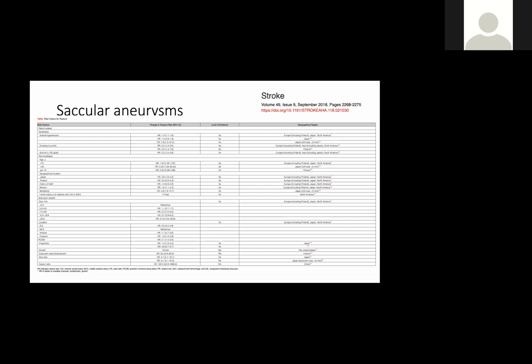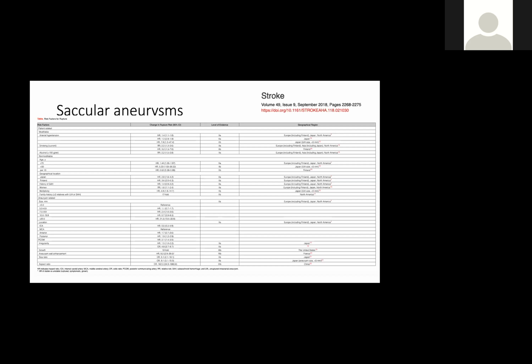So essentially, these are all the factors that are associated with rupture of one of these saccular aneurysms, your typical aneurysms that you see in subarachnoid hemorrhage. All these are hazard ratios and risk ratios, and these are from that paper that I've already told you about. So patients with high blood pressure, patients that smoke and that drink are at higher risk of rupture if they've got an aneurysm.